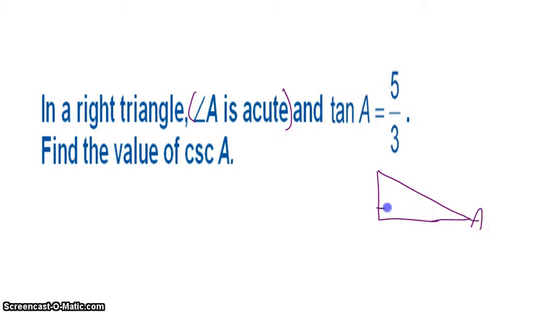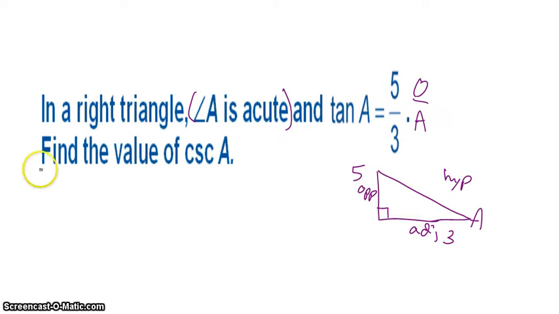label your angles. We've got hypotenuse, opposite, adjacent. Tangent is O over A, so my opposite is 5, my adjacent's 3. You may be tempted to jump the gun and say, oh, 3, 4, 5. But remember, your hypotenuse has to be the longest side, so if you label 4 here, it's not your longest side.